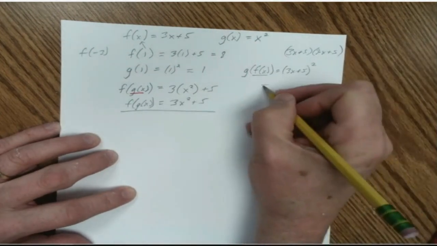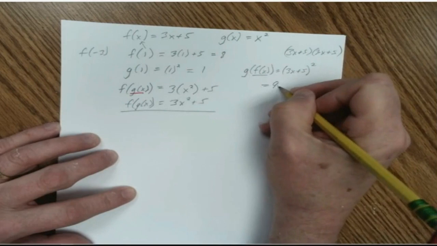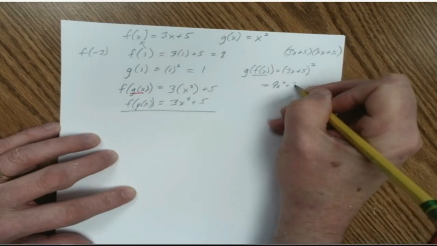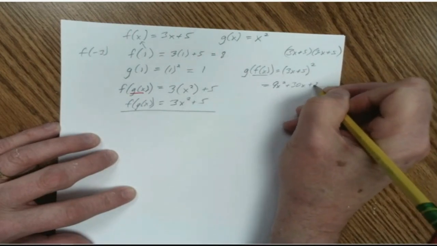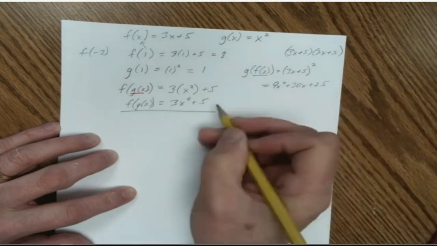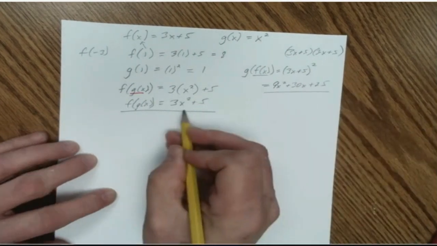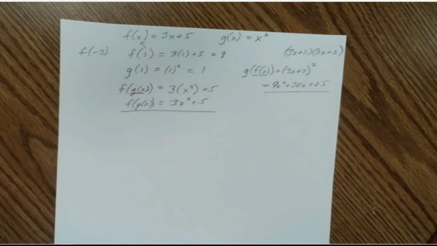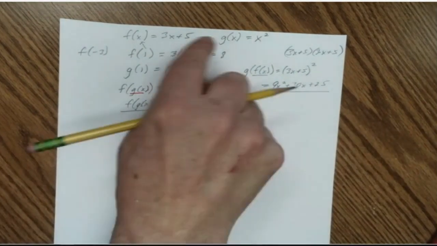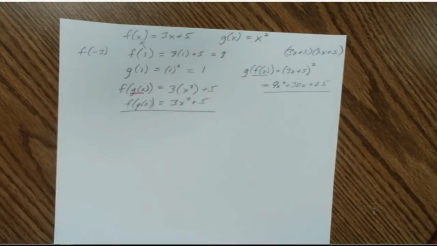So that's going to equal 9x squared plus 30x plus 25. So they don't equal the same thing. This one equals 3x squared plus 5. Sometimes they can, but it has to be a specific set of functions that will equal the same thing when you substitute them one into the other.